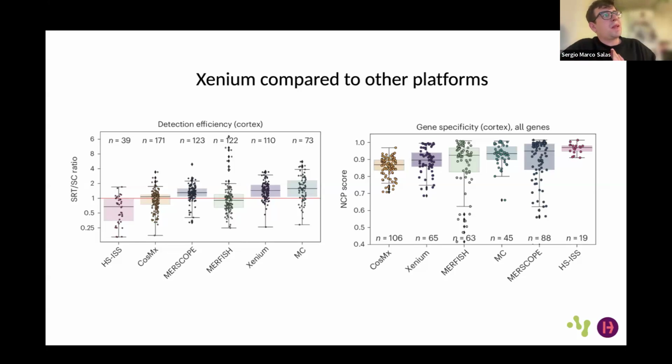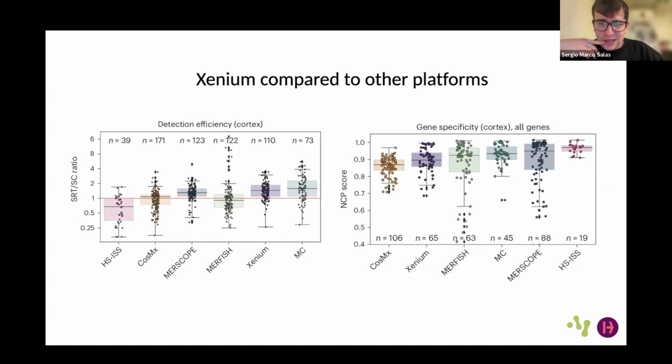So if we take the expression profile of every individual cell type from the single cell data, and we try to identify the genes that are not supposed to be expressed in those specific cell types, we can use the NCP score to quantify how many transcripts that were not supposed to be expressed in the cells of interest are actually expressed in those cells in the spatial methods. So this purity score, basically the lower the worse, allows us to quantify how good or how bad the specificity is.